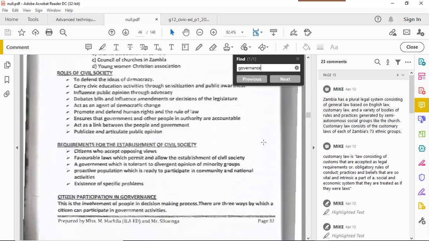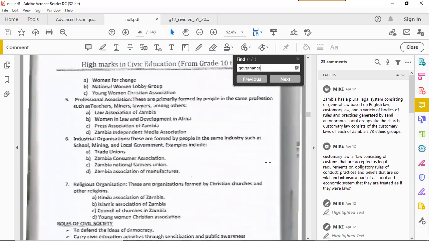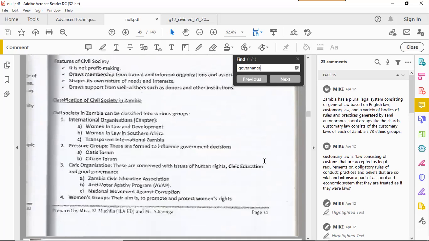I want it to be more specific. The search icon usually leads you to the same topic in terms of searching for keywords. Let me type it properly. All right.